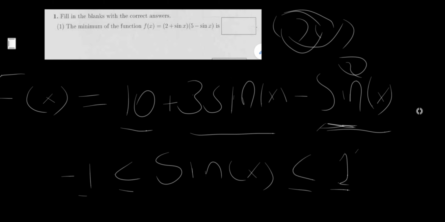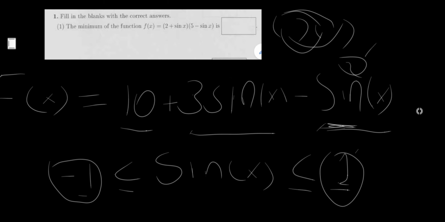Now, why am I not choosing anything between these numbers? Because I want the minimum value. I want the minimum possible thing, okay? So I need to go to the extremes, okay? Minus 1 or 1. Now, for this one, it doesn't make any difference if I choose 1 or minus 1, because it is squared, okay?